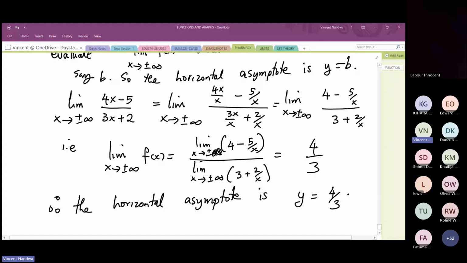So if you are to sketch that graph, you'll see that the graph cannot touch the line y equals 4 over 3. It only appears to get closer and closer to 4 over 3.